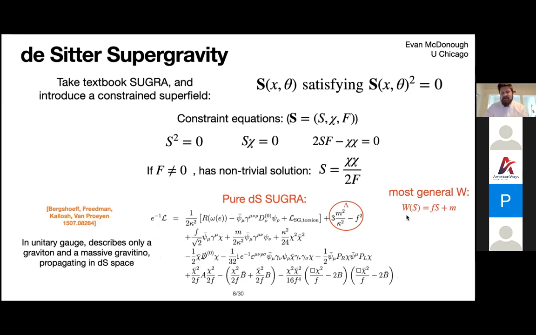And what's nice about dealing with a field satisfying this constraint equation is that the most general superpotential you can write down is linear in that field. Any higher order terms would vanish by this nilpotency constraint.